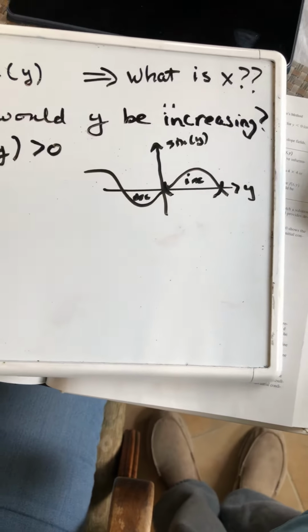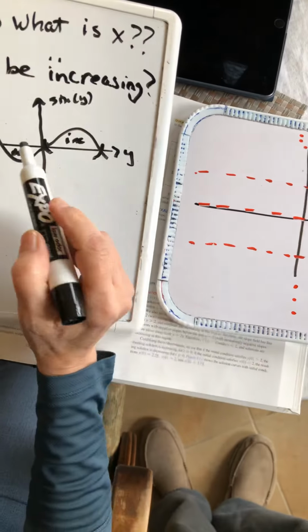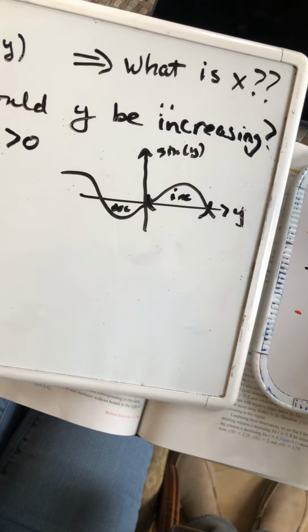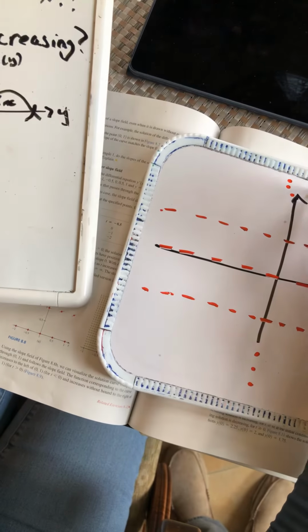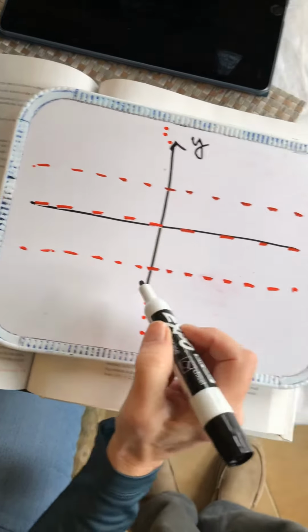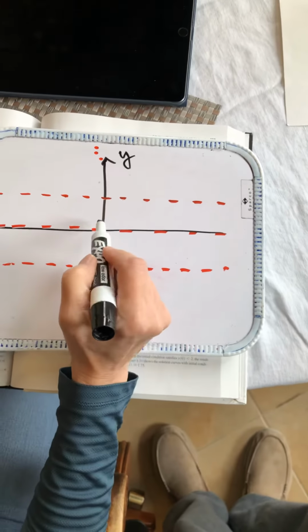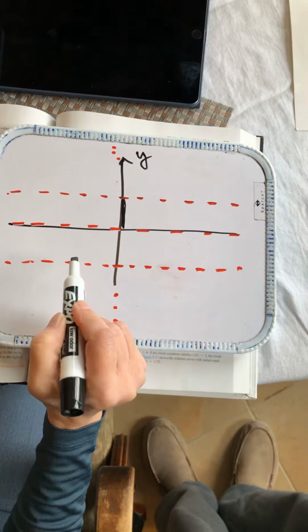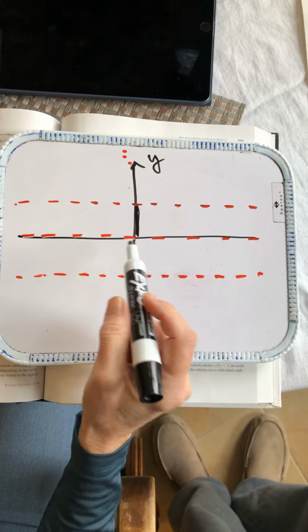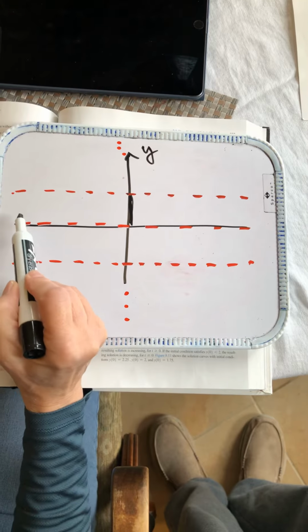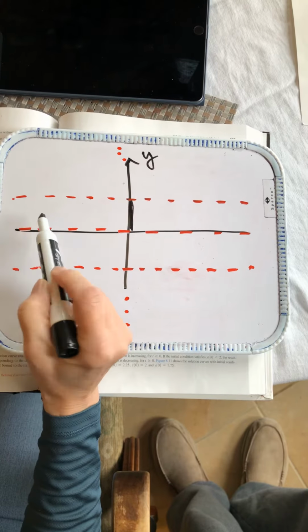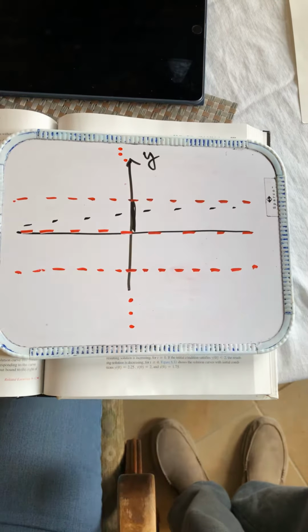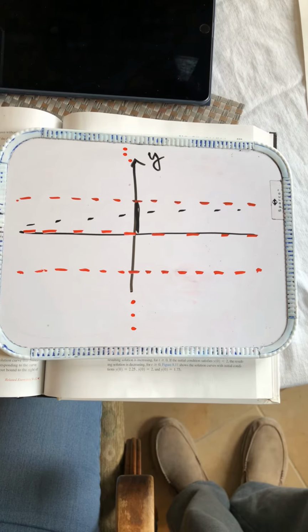So let's go back to our slope field. Here's the problem. We're thinking in terms of y being an independent variable, but it's not. Here's the y-axis. So when y is between 0 and pi, the y values are here. And we know we've got increasing functions. So here's what an increasing function would look like as we go through there. But we're never going to cross over those equilibrium states.